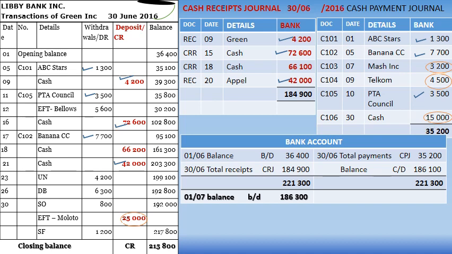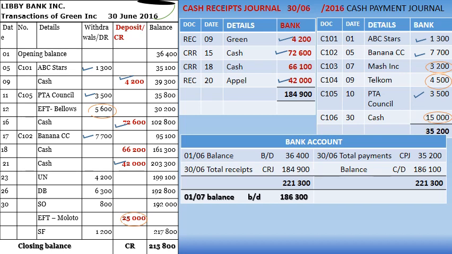On the withdrawal column of the bank statement, we investigate if there are items that remain unticked. On the 12th, there's an EFT, the amount 5,600. It's not ticked, therefore we put a circle.